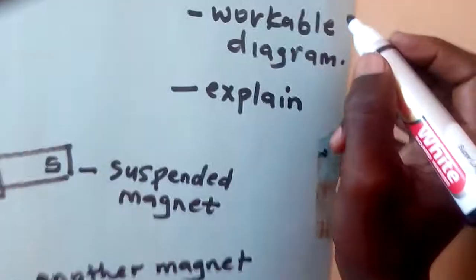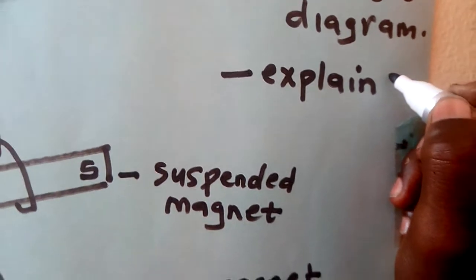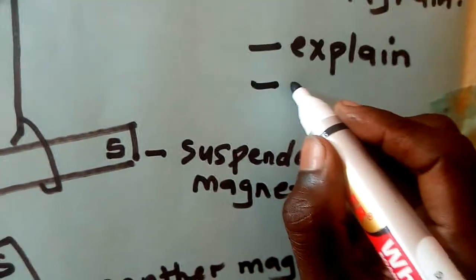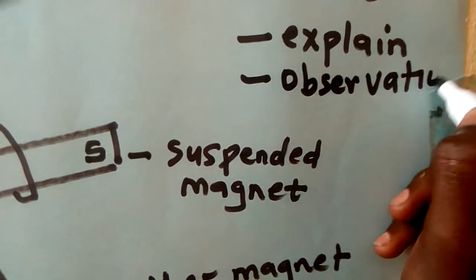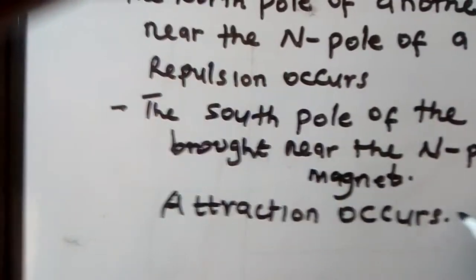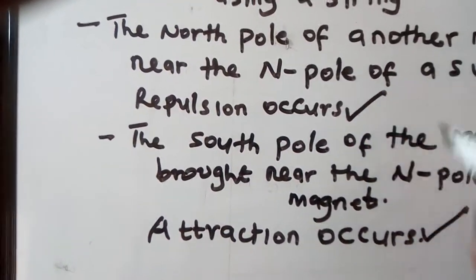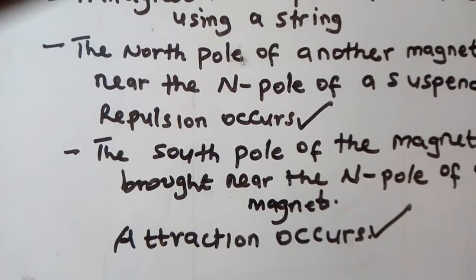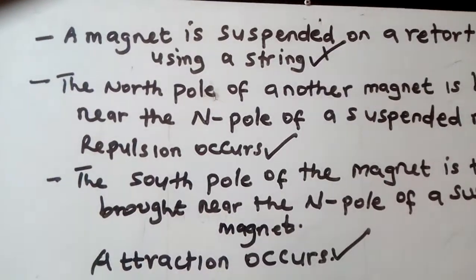So you have already given us a workable diagram and you have explained. And in your explanation, you have even given observations. What are the observations? Attraction occurs, and then repulsion occurs. Those are observations. Then here, the first statement, you can get some marks.